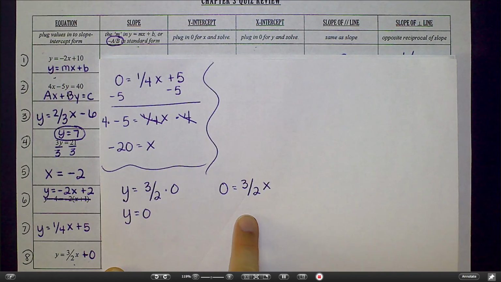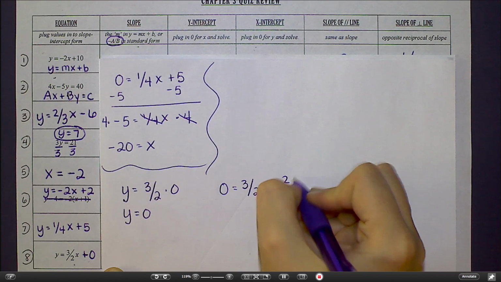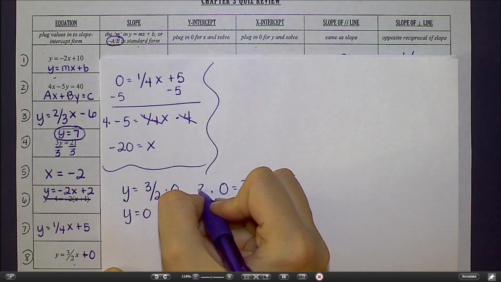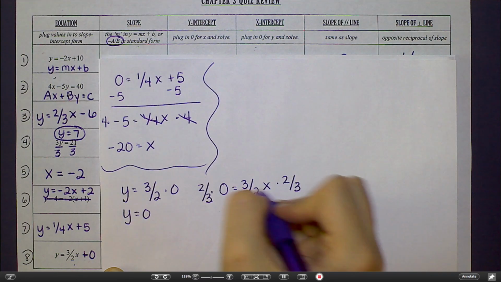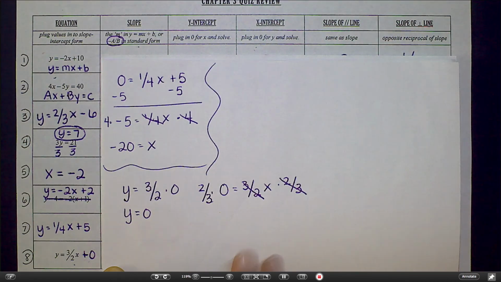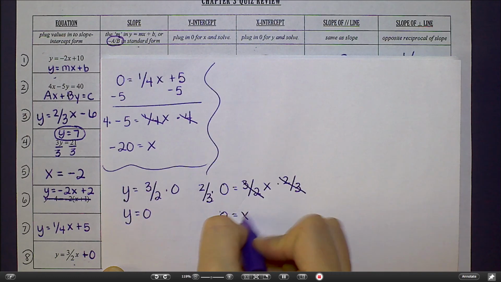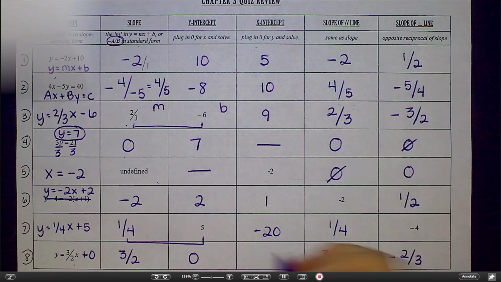Then to get rid of the 3/2, I would multiply by the reciprocal. Or you could divide. Either way, it's going to come out the same way. Okay, so those cancel. And 2/3 times 0 is just 0. So again, my x-intercept would be 0.